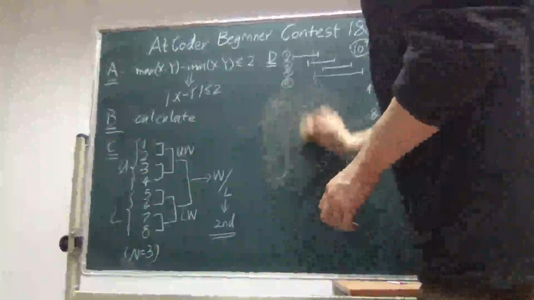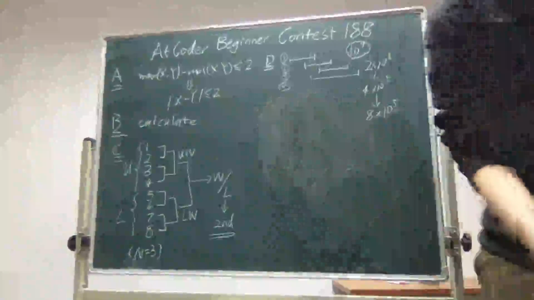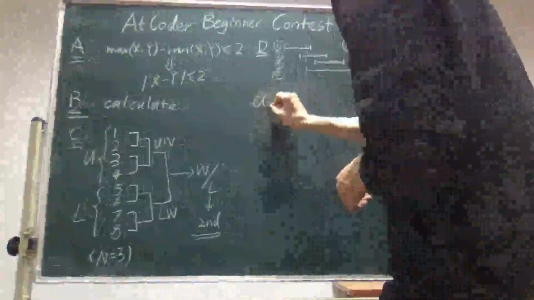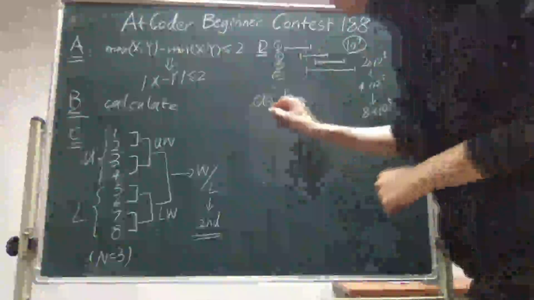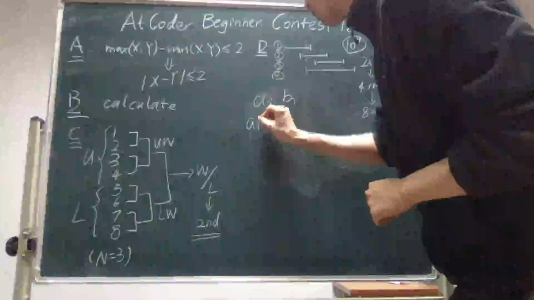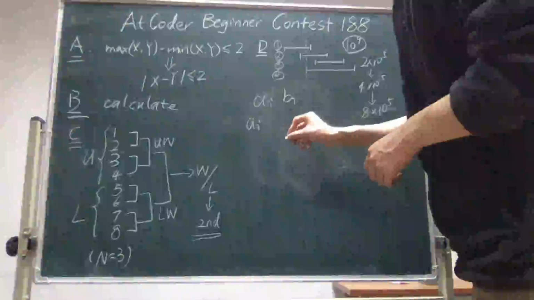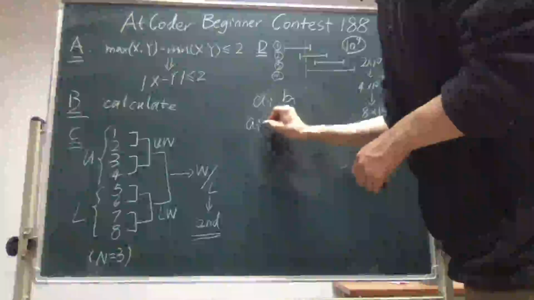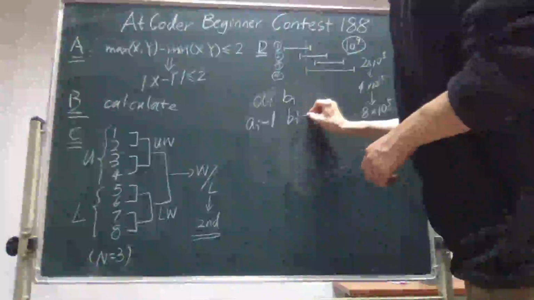So besides Ai and Bi, we will also use Ai minus 1 and Bi plus 1.